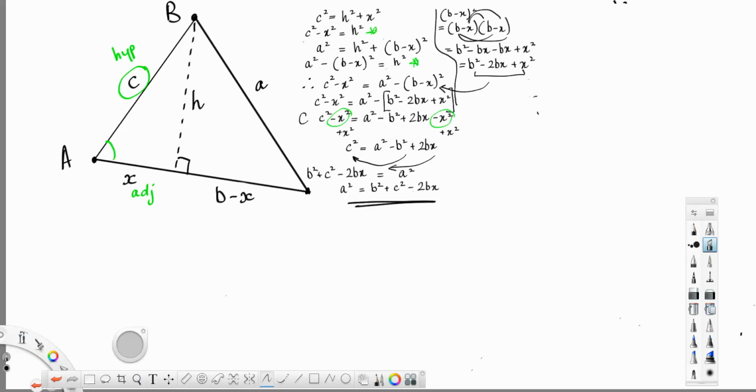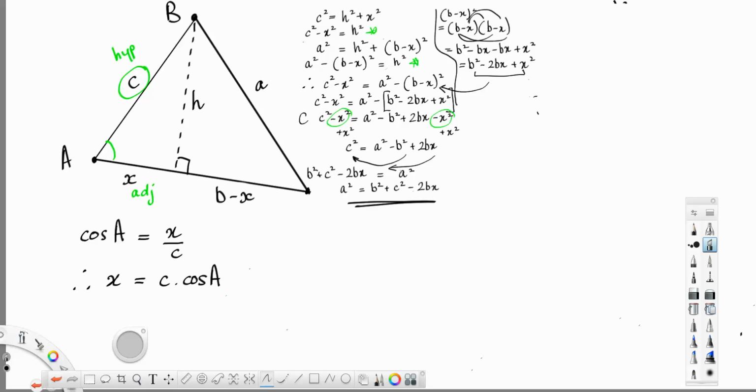So cos theta, theta in this case is angle A. Cos of A would be adjacent on hypotenuse, which would be x on C, and so therefore x would be C times cos A. Okay, well, that gives us an expression for x.